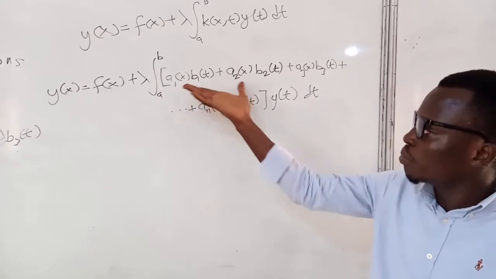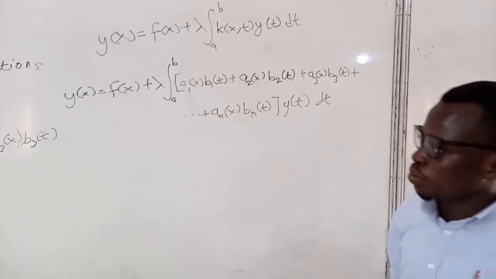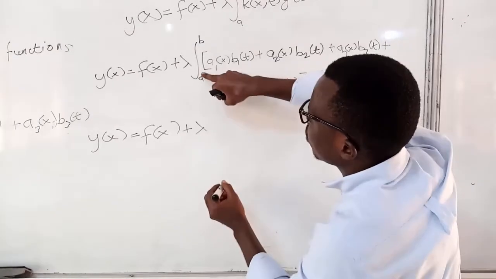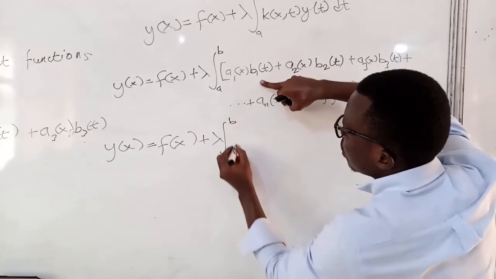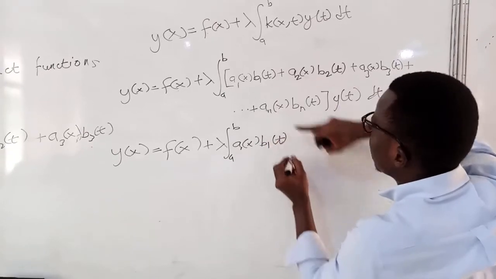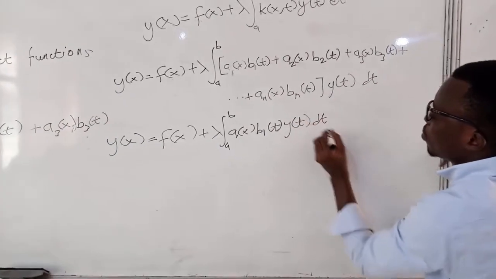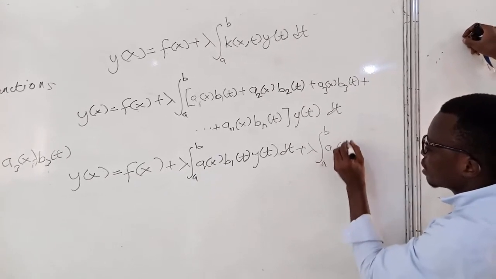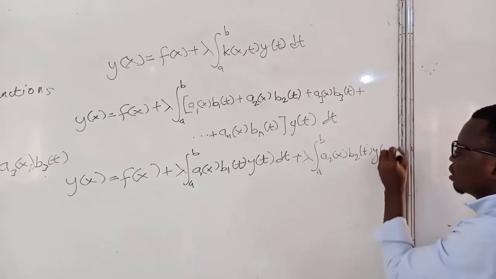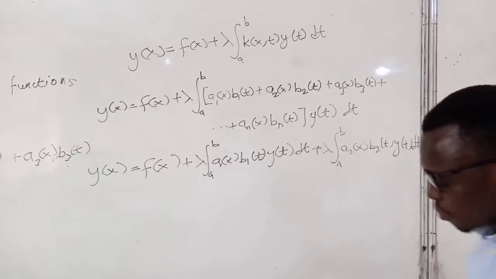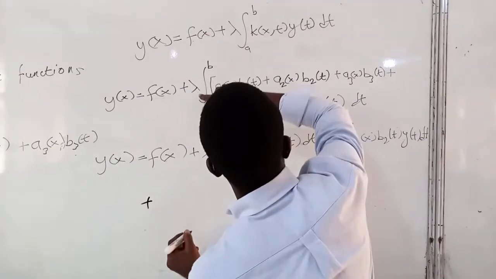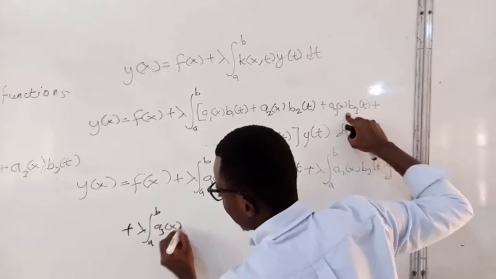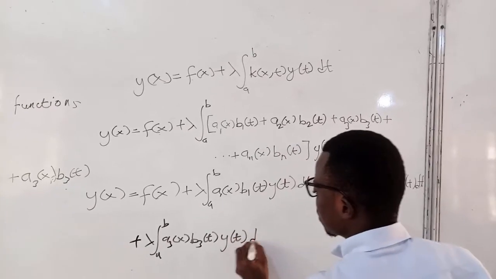So you can open up this equation to get y of s equal to f of s, plus lambda integral from a to b of a1 of s, b1 of t, y of t dt, plus lambda integral from a to b of a2 of s, b2 of t, y of t dt, plus lambda integral from a to b of a3 of s, b3 of t, y of t dt.